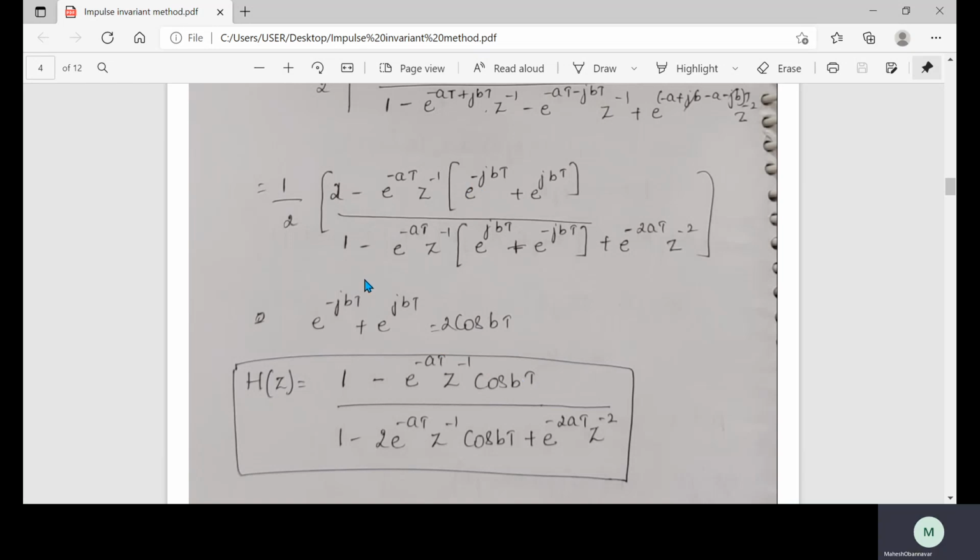So 1 minus this term, e to the power of minus at into z inverse. The same thing, e to the power of minus j theta plus e to the power of j theta is equal to 2 cos theta, divided by 2. So we take e to the power of minus j theta plus e to the power of j theta is equal to 2 cos bt. So we have taken 2 into e to the power of minus at z inverse cos bt as it is. So this is nothing but your H of z.